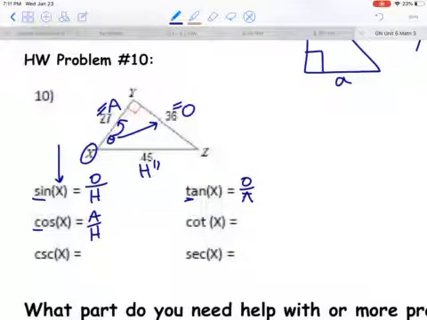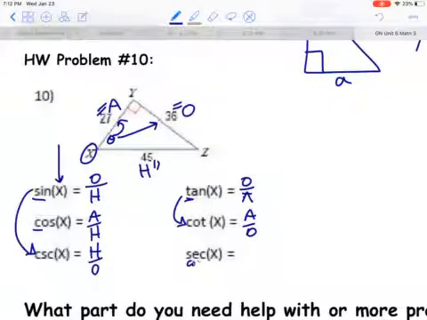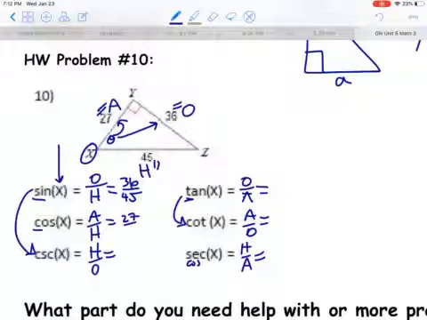And then remember to flip them. So tangent goes with cotangent, sine goes with cosecant, and cosine goes with secant. And you just set up the fraction. So O over H, A over H, O over A. A over O just flips that.